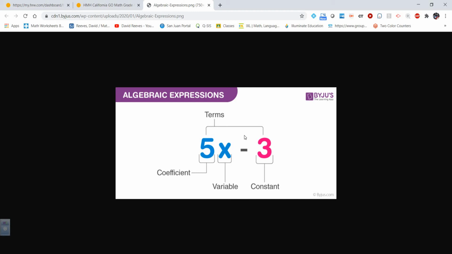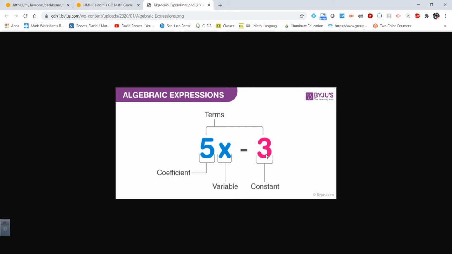The other thing that the book doesn't talk about is this idea of a term. All right, so an algebraic expression can be broken up into terms. Between each term will be either subtraction or addition. So this expression right here has two terms. The first term is 5x and the second term is 3.